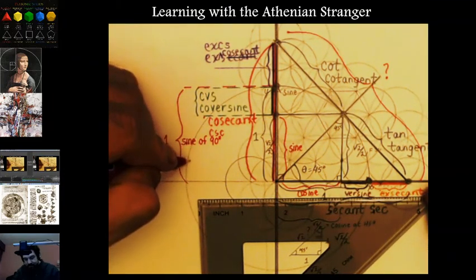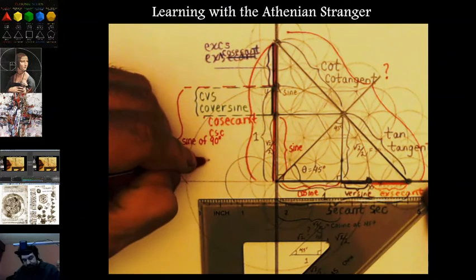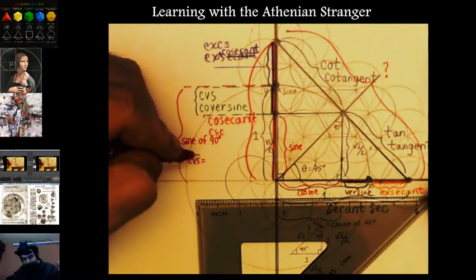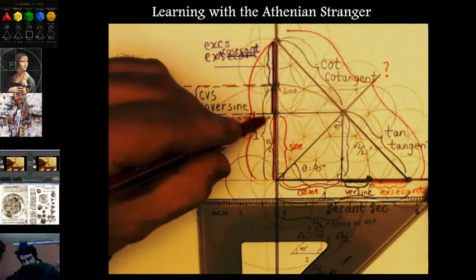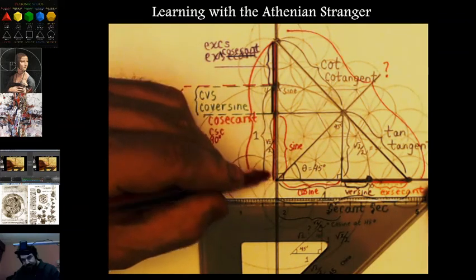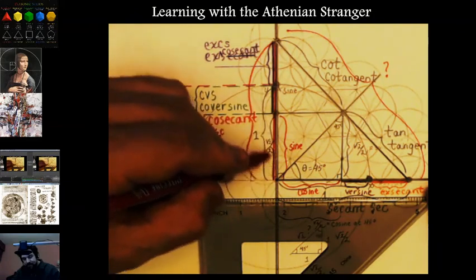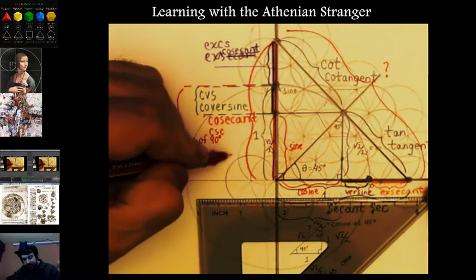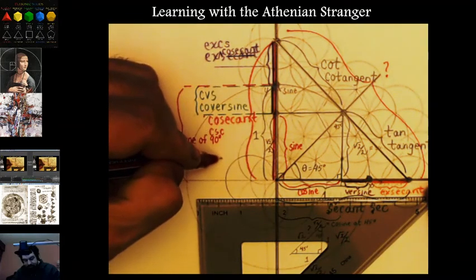So I'm not going to do the math, but the cosine here would just be equal to 1 minus this distance here. I mean, it's visually obvious, but this distance here would be the sine of 45 degrees, which is square root of 2 over 2.